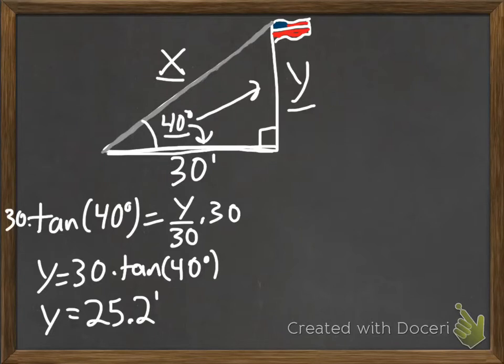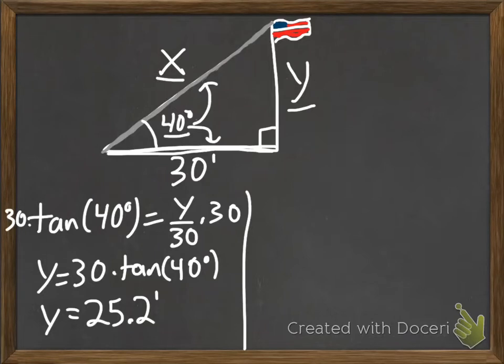Now we need to figure out the support wire, X. So again, we look at our angle. X is the hypotenuse, 30 is adjacent. Adjacent and hypotenuse is cosine. So we're going to do the cosine.